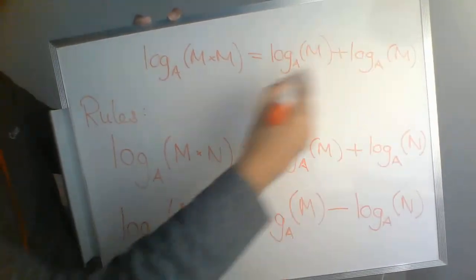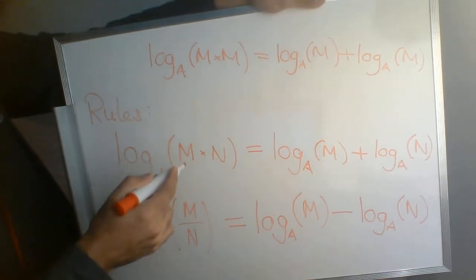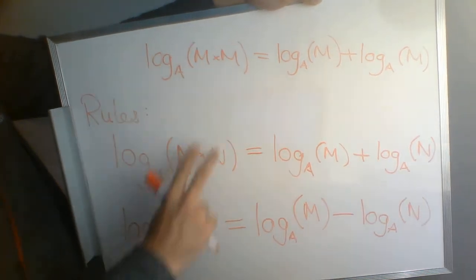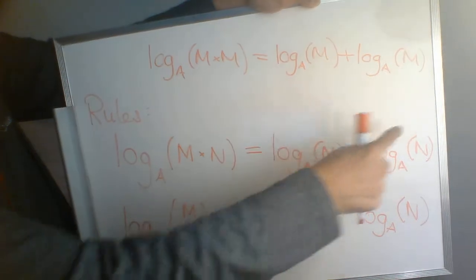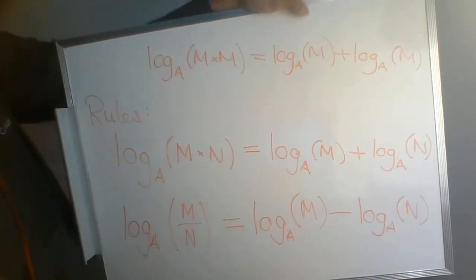So these two terms are actually identical. It's making use of this property down here, but I've put two m's instead of an m and an n. And so we could simplify this down.